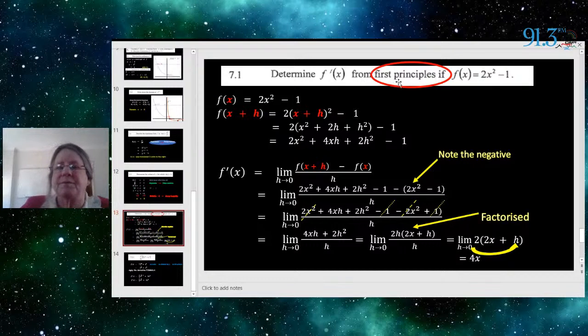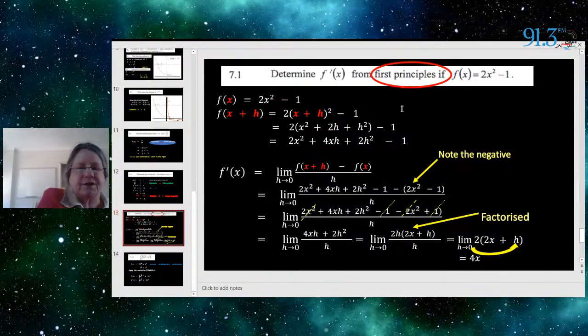So first principles basically mean that you need to prove this derivative. And immediately you will go to your information sheet and you will have a look at 1, 2, 3, 4, 5.